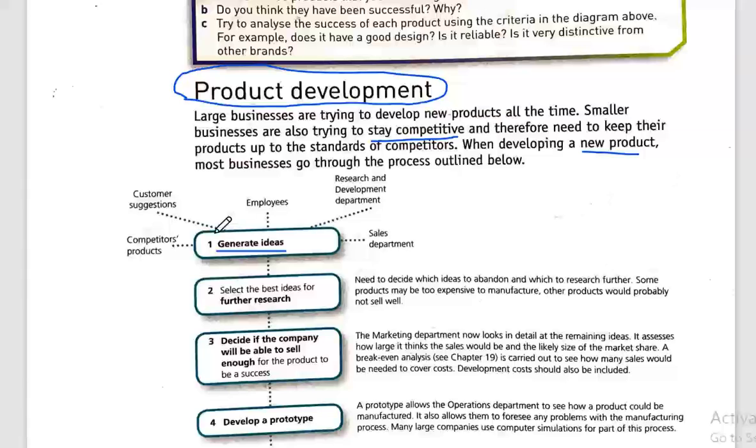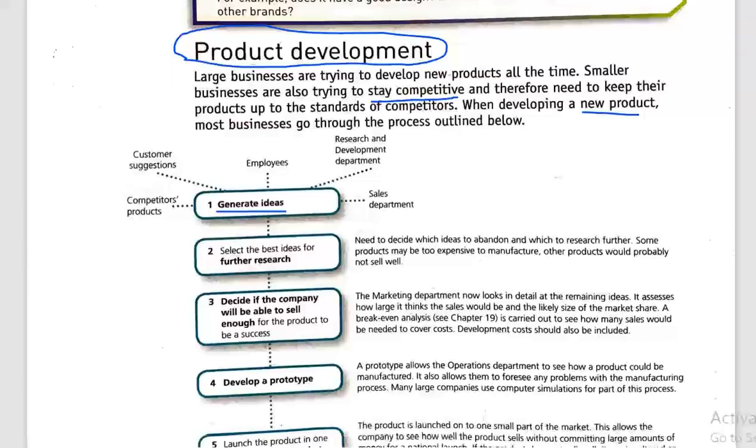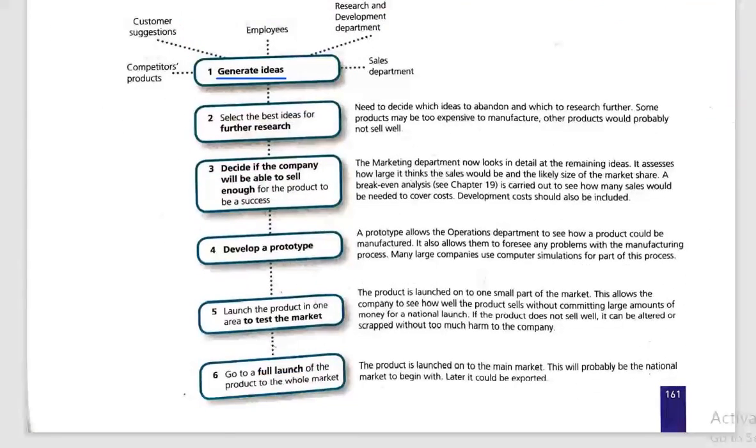I'm trying to get suggestions from customers, doing brainstorming, and looking at the competitors' products. I'm asking employees if they have any ideas, and asking the research and development department if there's any new information I could use. I will also ask the sales department for help in order to generate ideas for a new product.